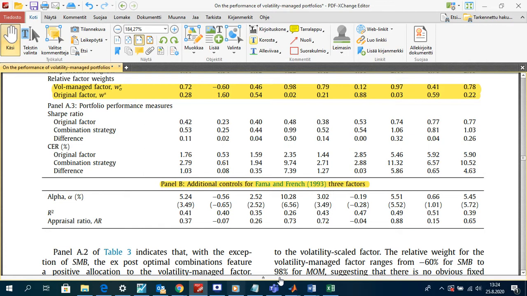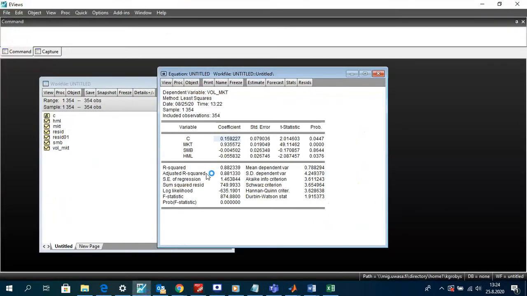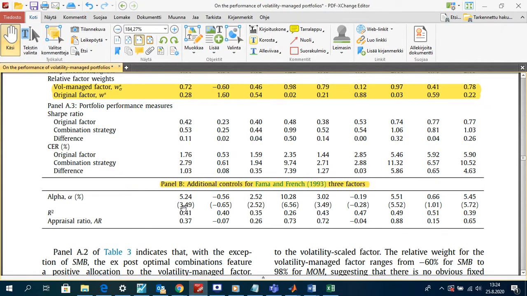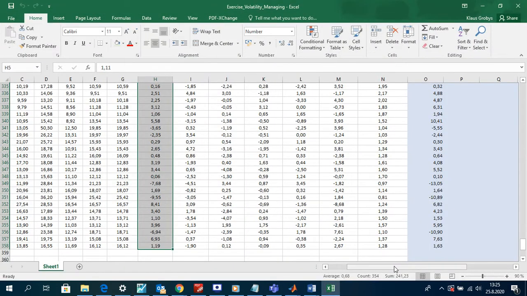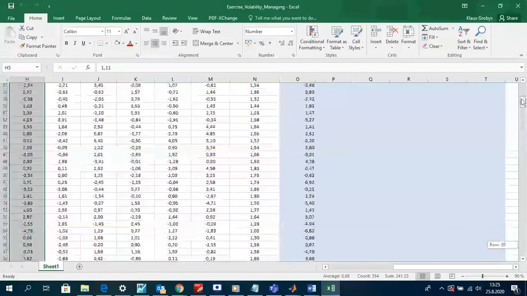Still, it's significant in our replication using the VIX. We have 2.01 as a t-statistic, they have 3.49. But anyways, based upon standard inference, we have qualitatively the same result. In the same manner, we could do the same thing for the other factors here.